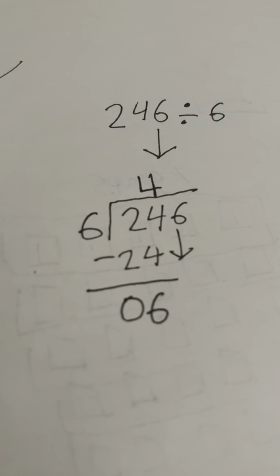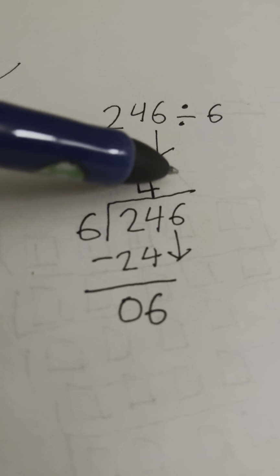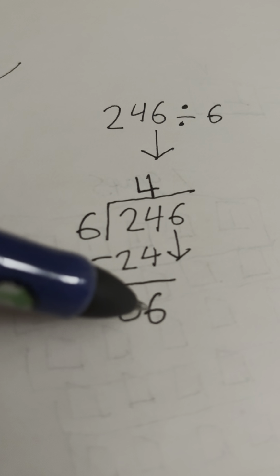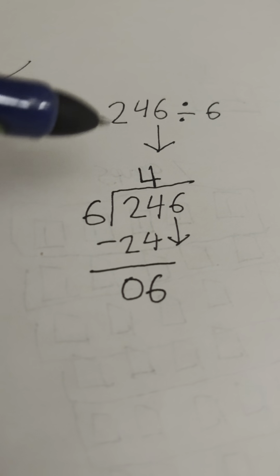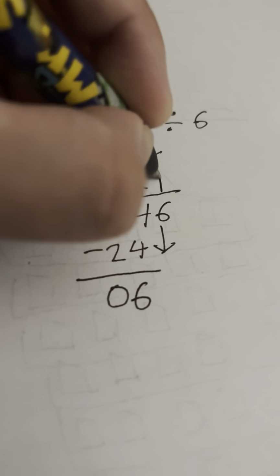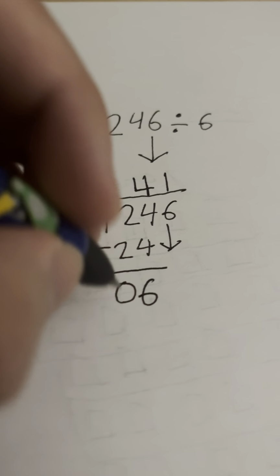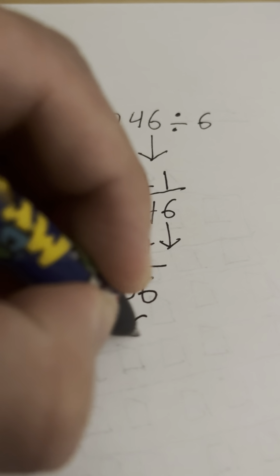All right, so all that's left to do is 6 times what number equals 6? This should be easy enough. 6 times 1 equals 6.